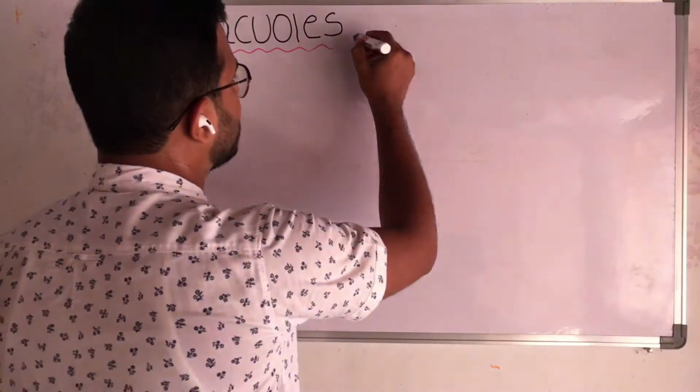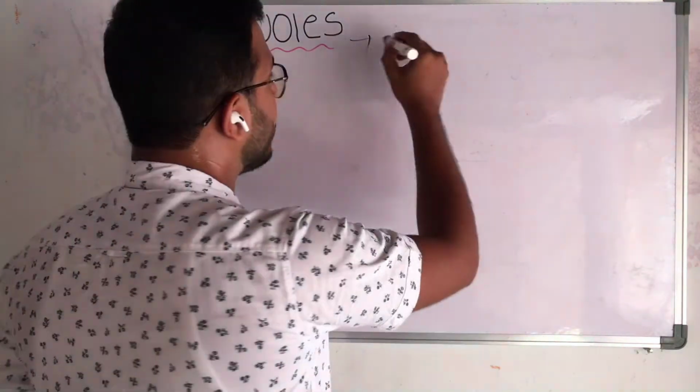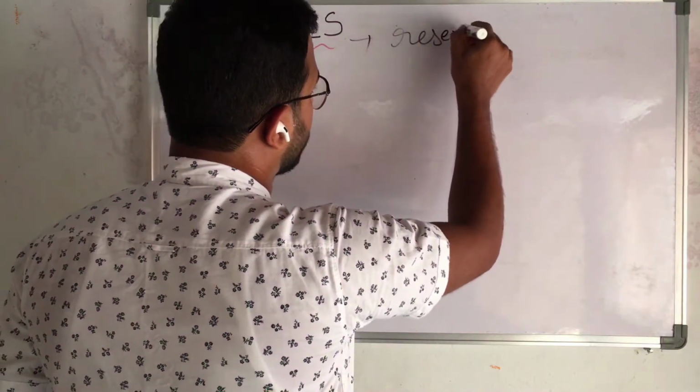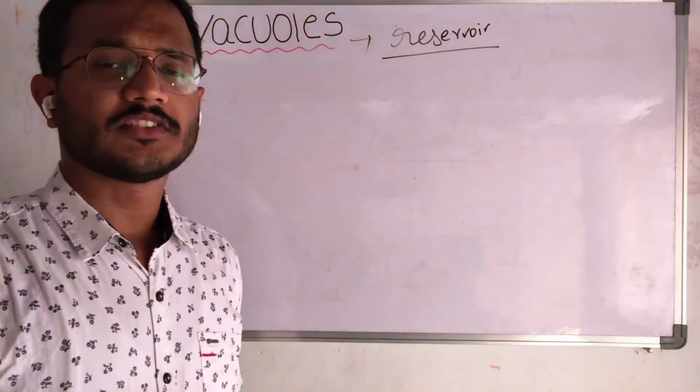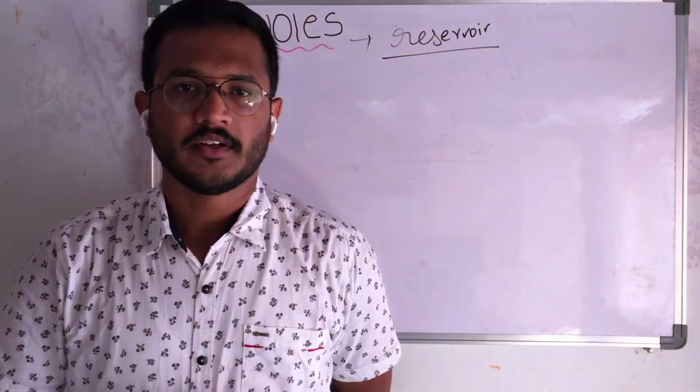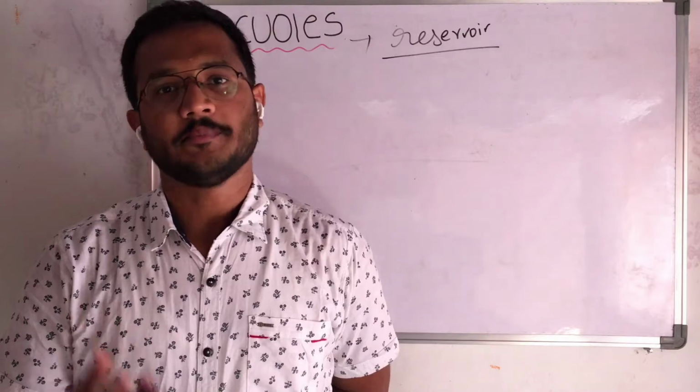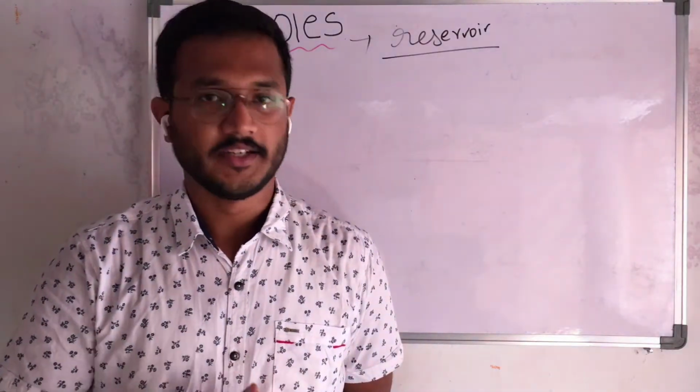So a vacuole is a reservoir. That means, what is the function of a reservoir? It will store water. Like that, this vacuole stores something. So what is that? We will see in detail.